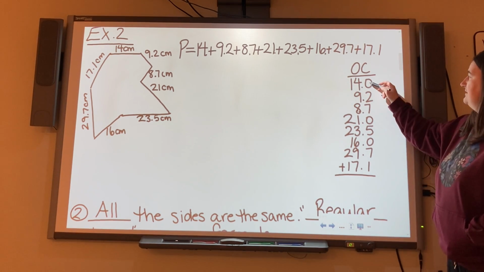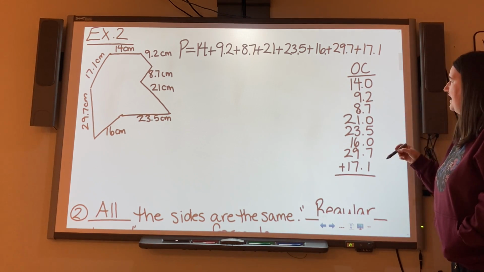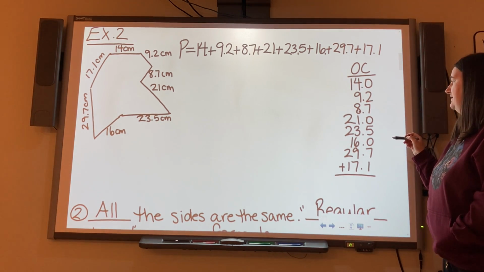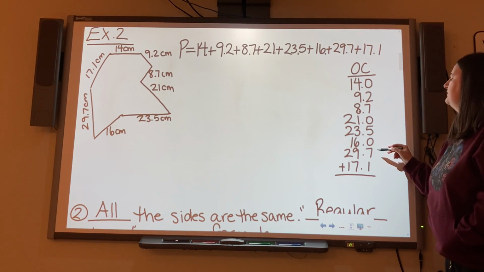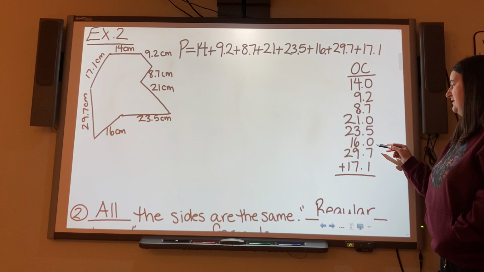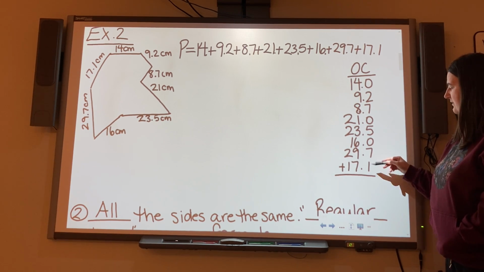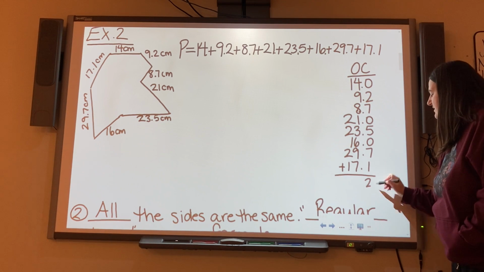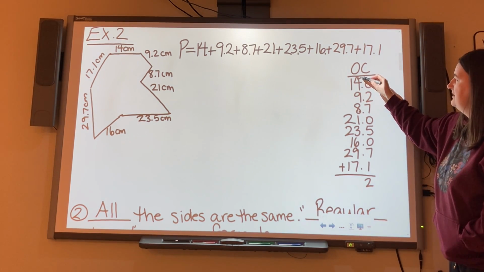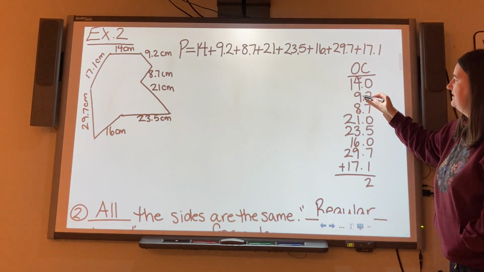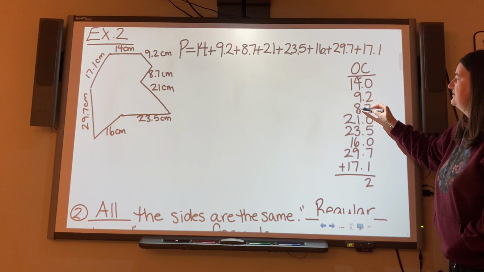So 0 plus 2 is 2. 2 plus 7 is 9, 9 plus 0 is 9, 9 plus 5 is 14, 14 plus 0 is still 14, 14 plus 7 is 21, 21 plus 1 is 22, carry your 2. 4 plus 2 is 6, 6 plus 9 is 15, 15 plus 8 is 23.